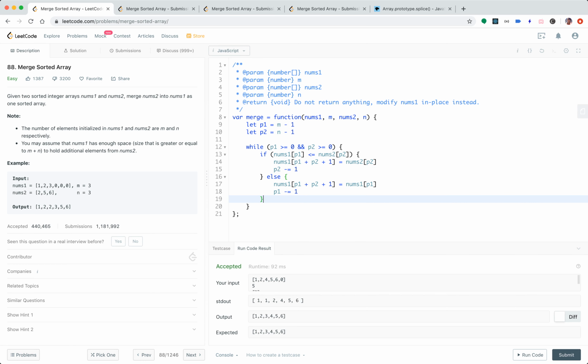So after this is done, return nums1. This is right. So we move this one to the largest and then go to 5 and then compare it again until some of them are going to 0.